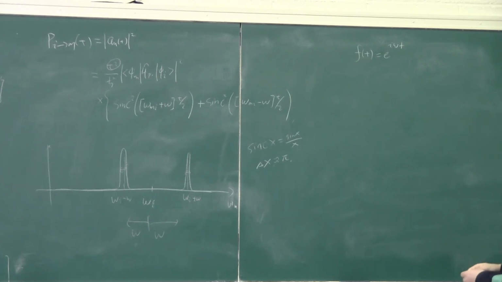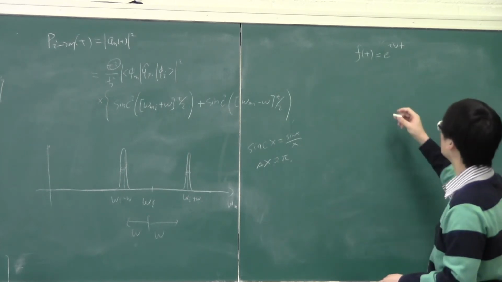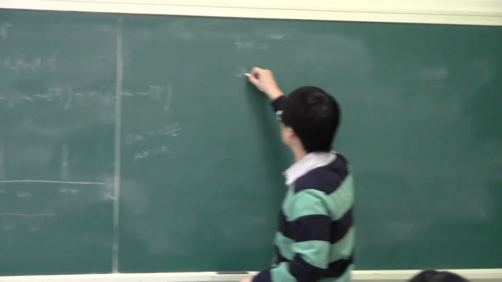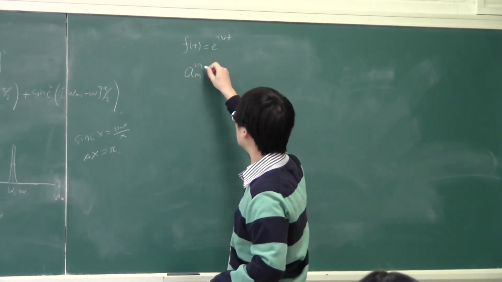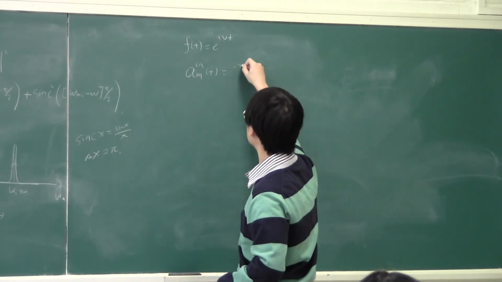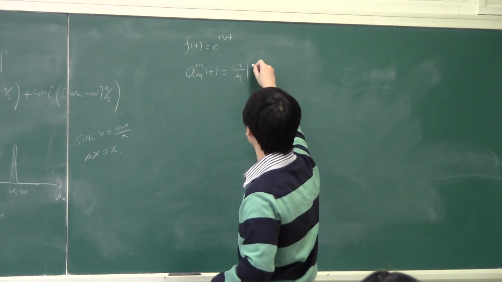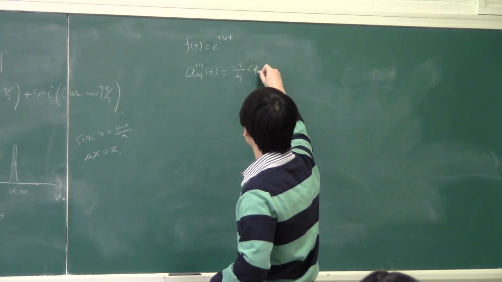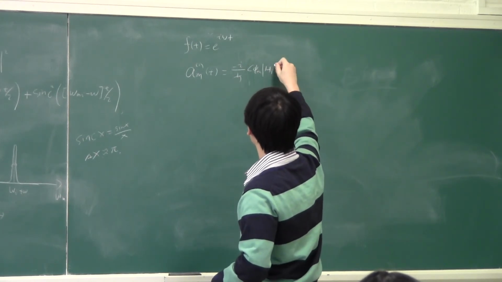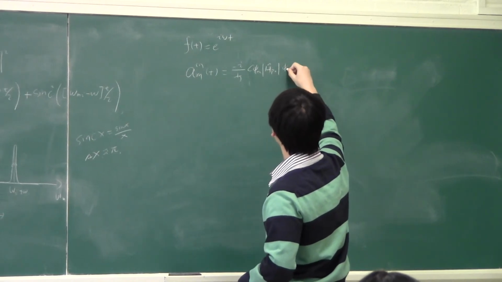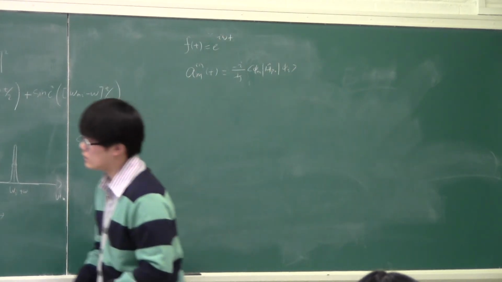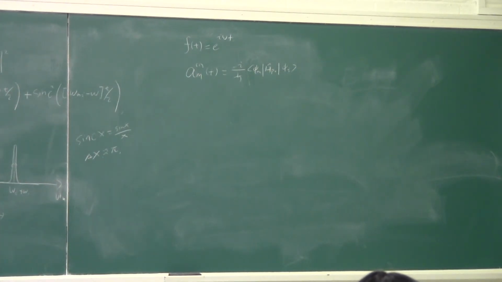So in that case, I'm going to get the amplitude to first order equal to minus i over h bar times the matrix element, and then that integral over here, which turns into a sinc function.